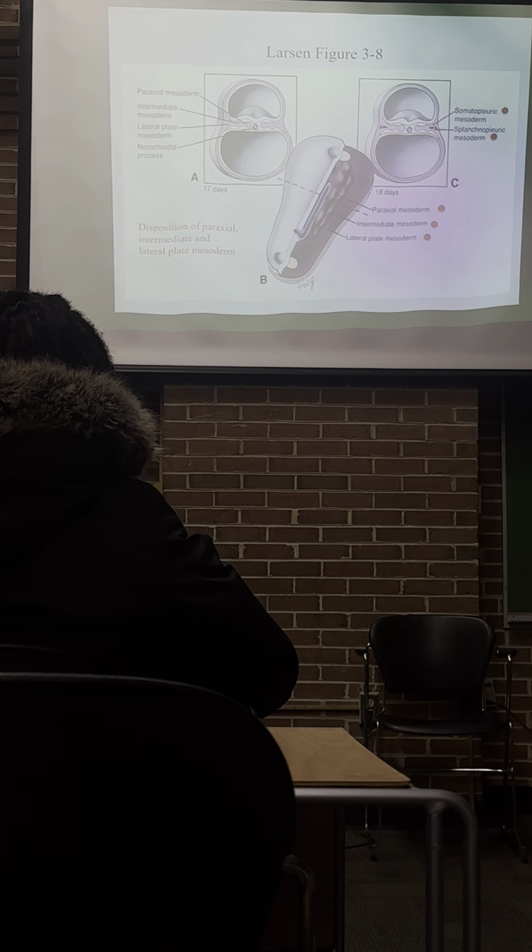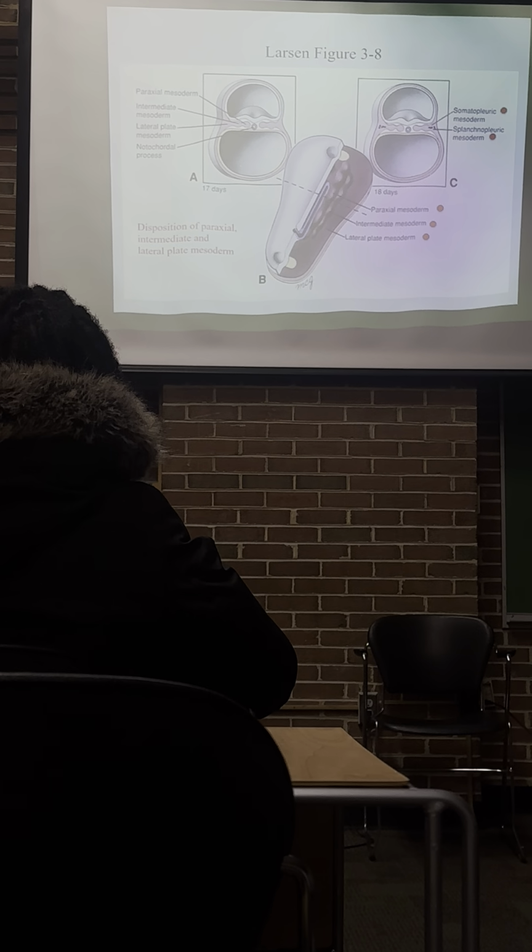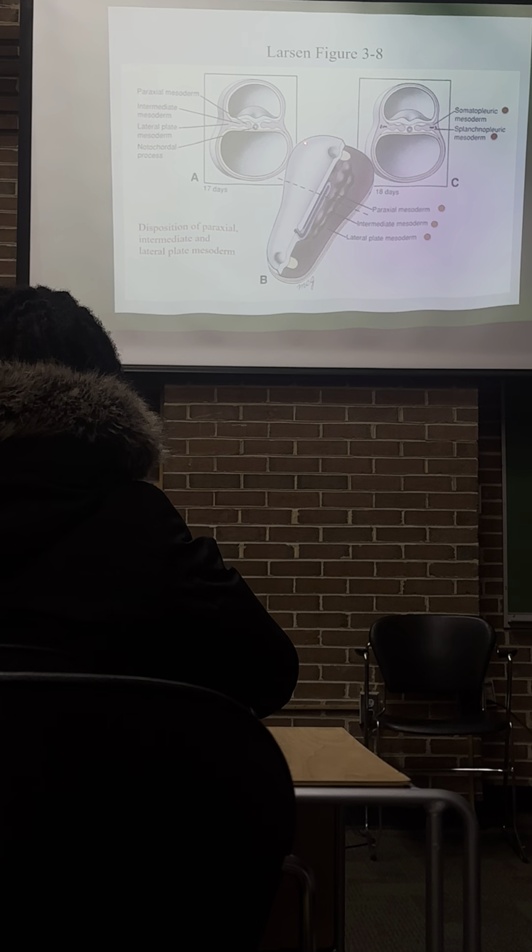Towards the axis, you have this population of cells here called paraxial mesoderm. That means on either side of the axis, paraxial mesoderm. Lateral, you have here intermediate mesoderm, and further laterally is the lateral plate mesoderm.